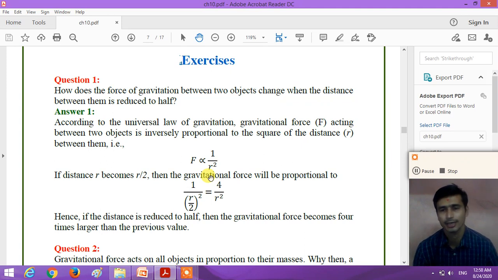So the gravitational force is inversely proportional to the square of the distance between them, and if the distance is reduced to half, the gravitational force increases 4 times, right?